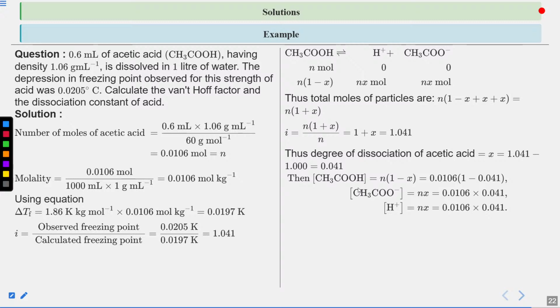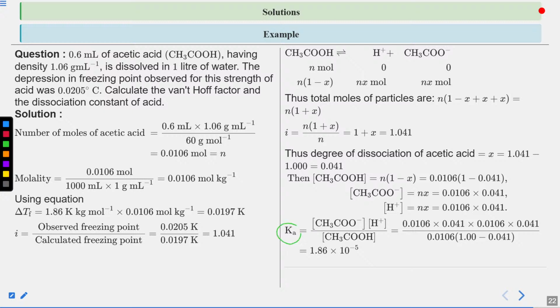But we are interested in the dissociation constant. So dissociation constant will be the concentration of H plus multiplied by the concentration of acetate ion divided by the concentration of acetic acid. So this is a direct result from the dissociation. Since we know the value of n and x, we can calculate each of these values, nx, nx and n into 1 minus x, which is being done here.